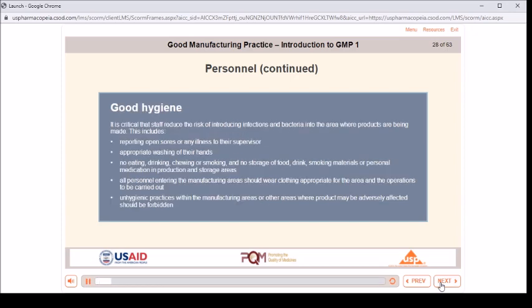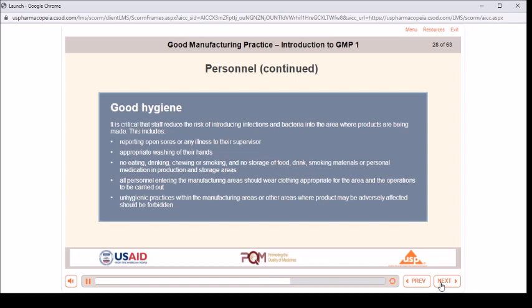Personnel, continued. Good hygiene. It is critical that staff reduce the risk of introducing infections and bacteria into the area where products are being made. This includes reporting open sores or any illness to their supervisor, appropriate washing of their hands, no eating, drinking, chewing, or smoking, and no storage of food, drink, smoking materials, or personal medication in production and storage areas.